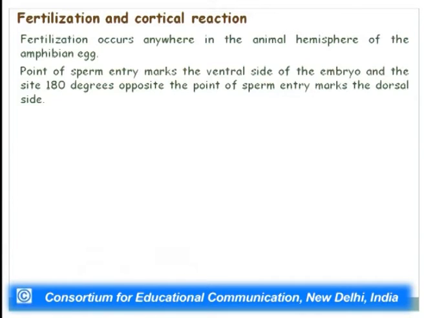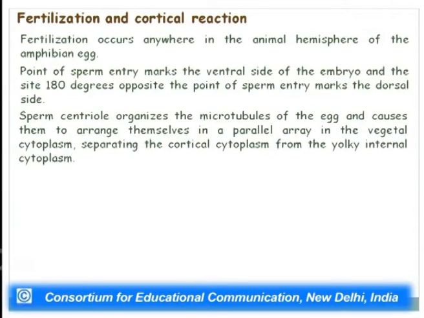We also talked about in general that three axes need to be determined during development: the anterior-posterior axis, the dorsoventral axis, and the left-right axis. The dorsoventral axis is determined right at the time of fertilization in amphibians. So the point of entry becomes the future ventral side, and the side 180 degrees opposite to it becomes the future dorsal side of the embryo.